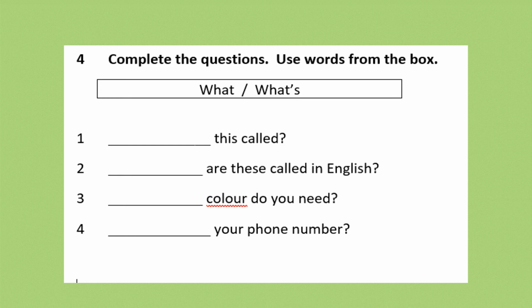So number 1, ___ this called. 2, ___ these called in English? 3, ___ color do you need? 4, ___ your phone number. Okay, so I ask you please to pause the video for a minute or two, then come back for checking the answers together.